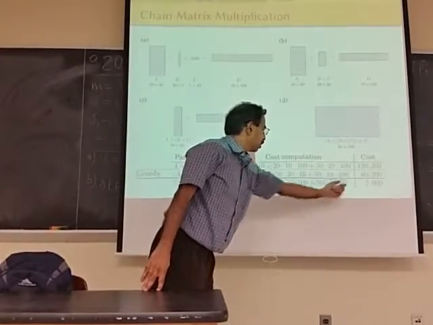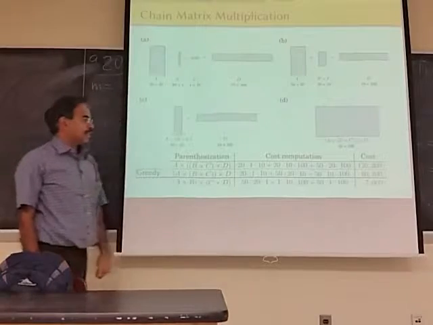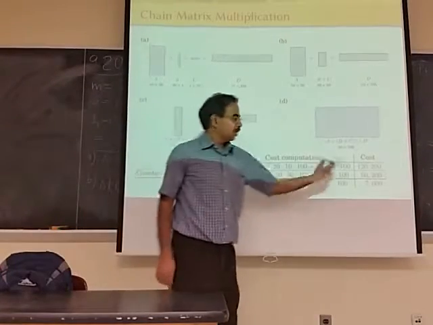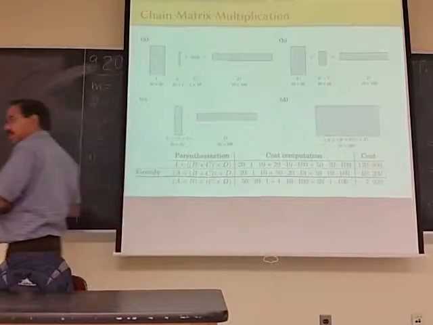So the resulting operation is going to be 50 times 1 times 100, which is quite small. So here you get away with doing a very small number of multiplications.